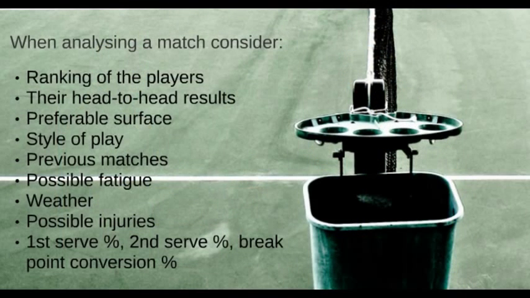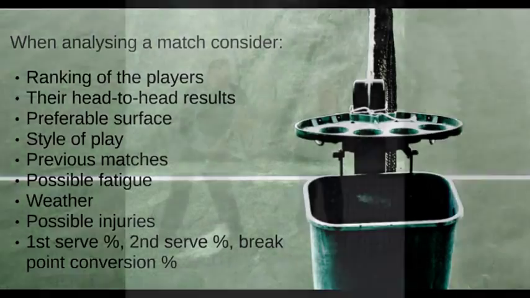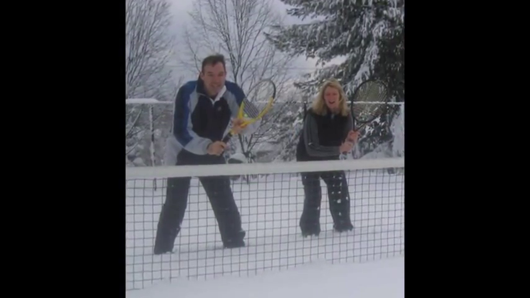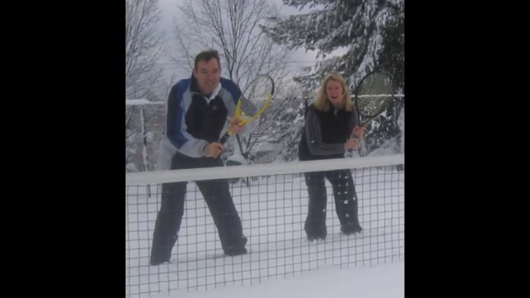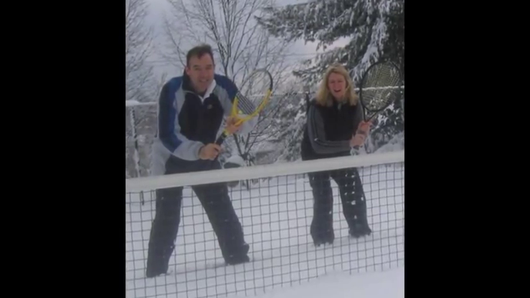You also have to look at players' previous matches, see how many he played over the past few days, and by looking at the first serve percentage and the breakpoint conversion percentage, you can determine if there'll be any signs of possible fatigue or injury sustained after the previous matches. When betting on tournaments such as Australian Open, it's worth checking out the weather. In this year's tournament, the temperatures were reaching 42 degrees Celsius, which resulted in many players getting sick and fainting during the matches as well.